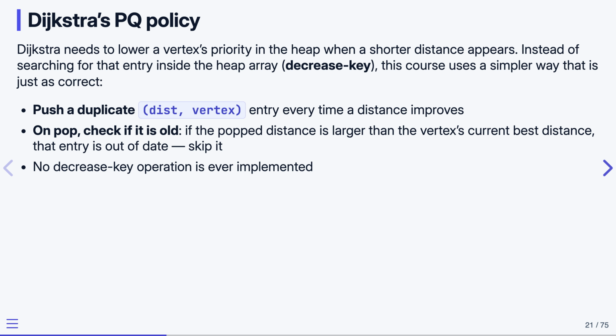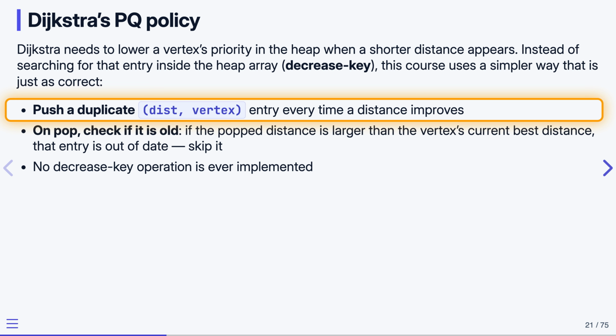Dijkstra needs to lower a vertex's priority in the heap when a shorter distance appears. Instead of hunting for that entry inside the heap array, the classic decrease key move, this course uses a simpler way that is just as correct. First, push a duplicate.